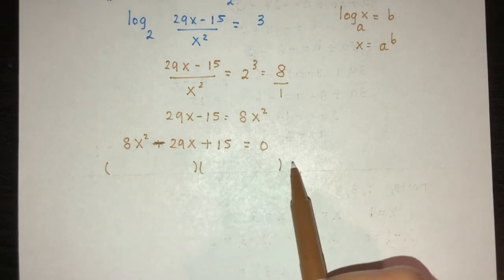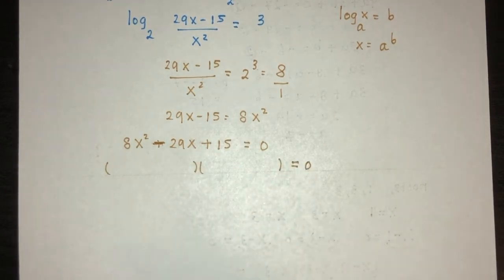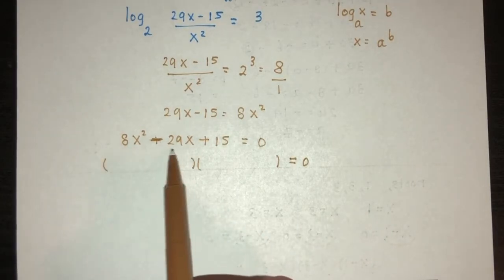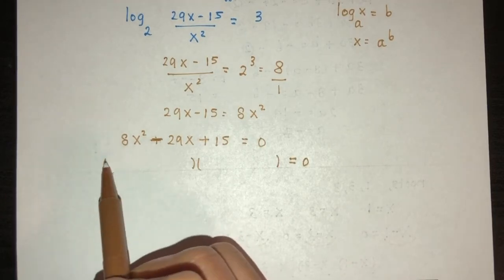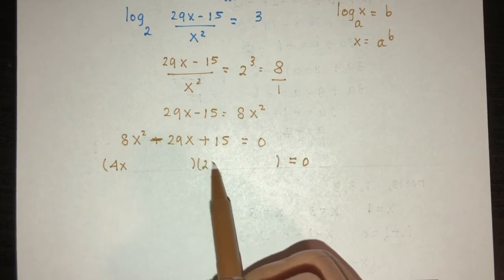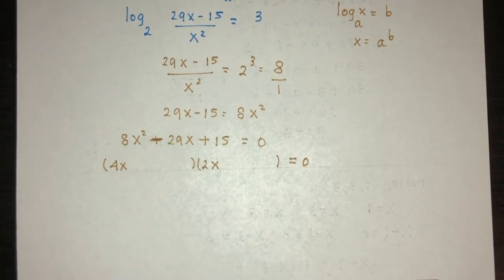If you don't know how to factorize, no problem. You can always use your formula to find the answer. But now let's give a try. How can we factorize this? We know 8 is 4 times 2, right? And 15 is 15 times 1 or 3 times 5.